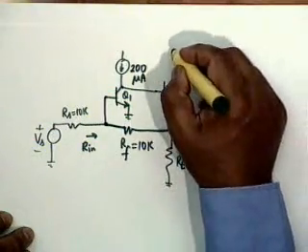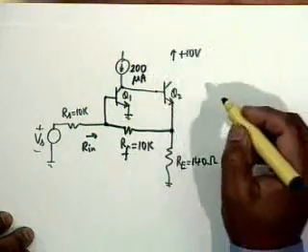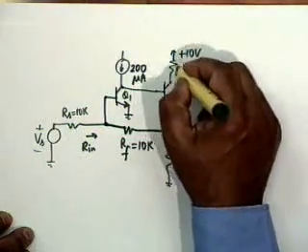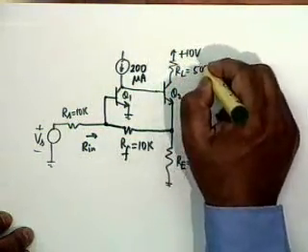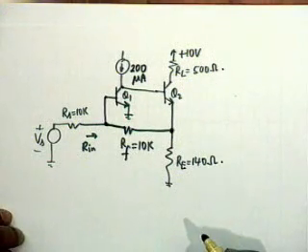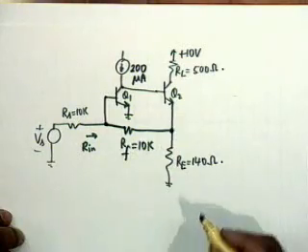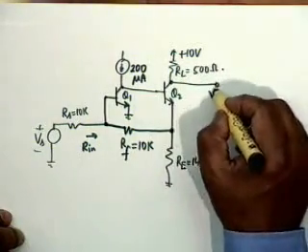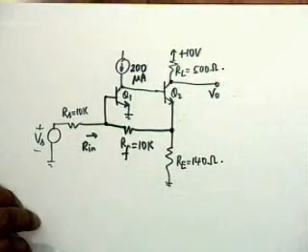The transistor Q2 is biased by a 10 volt source through an RL which is 500 ohms. The output is taken here, V0.